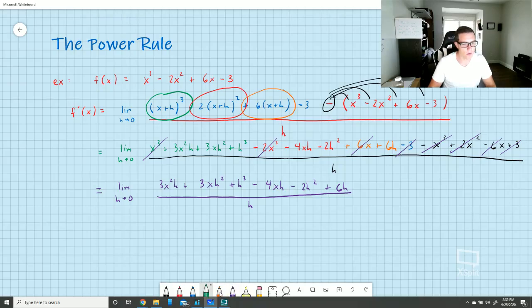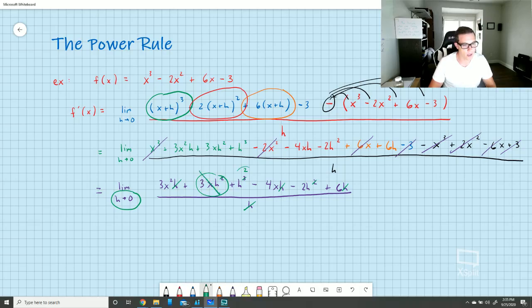And now we can cancel the h with 1 h from every top term. So this h will get rid of that, h is gone. That's to the first. That's to the second. That h is gone. That h is to the first. That h is gone. And then we can plug in 0 for any remaining h's. So this term right here still has an h in it, so that means it's 0.